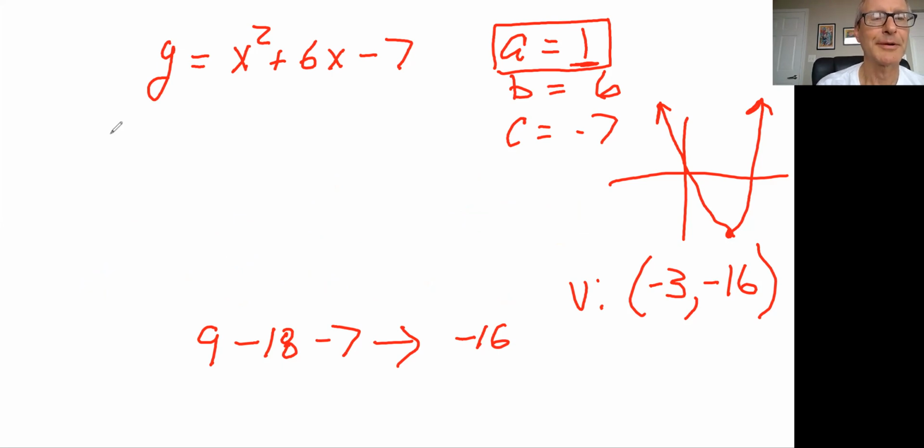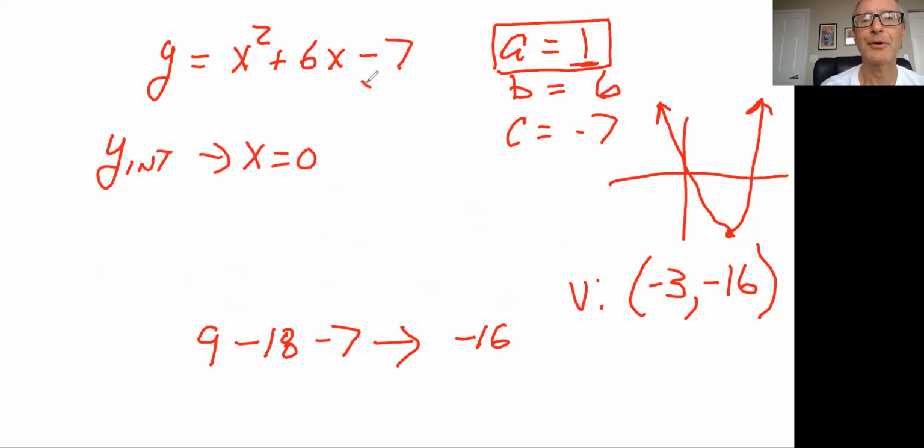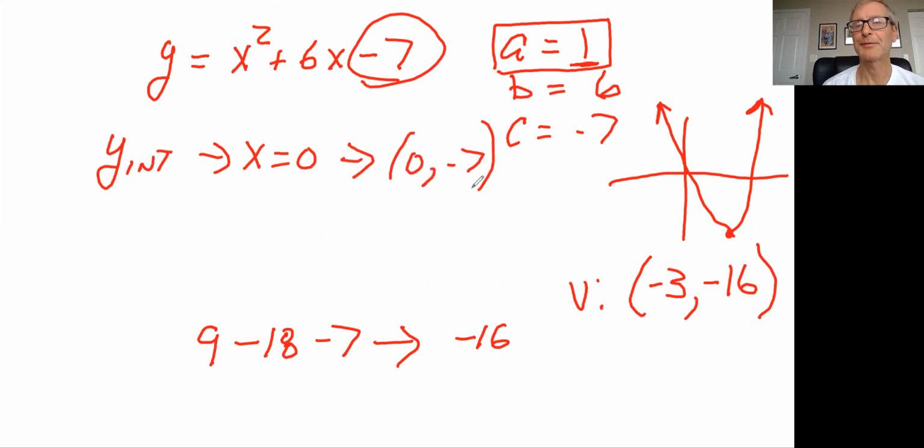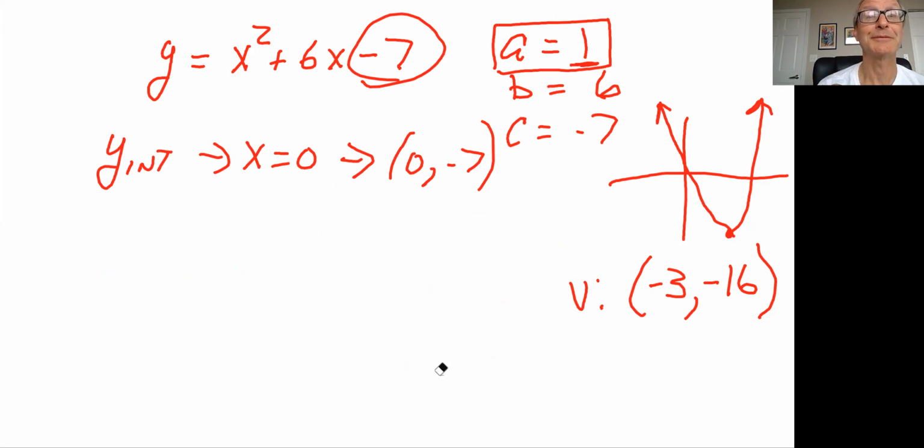Well, the y-intercept is when x equals 0, right? And so it's always this constant term here. And so the y-intercept will be x equals 0, y equals minus 7. The x-intercept, that's the challenge. And you'll see when we make the equations even more complicated, it becomes more of a challenge. The y-intercept's always quite easy.